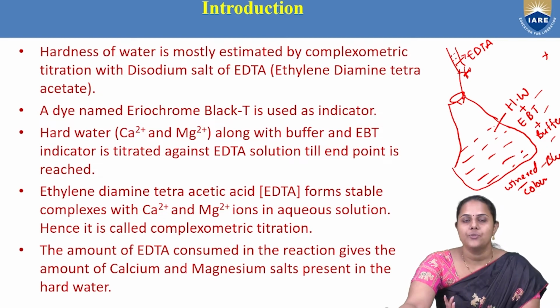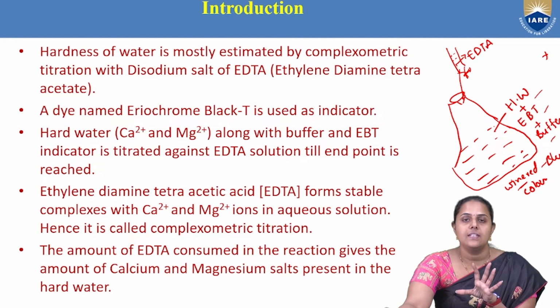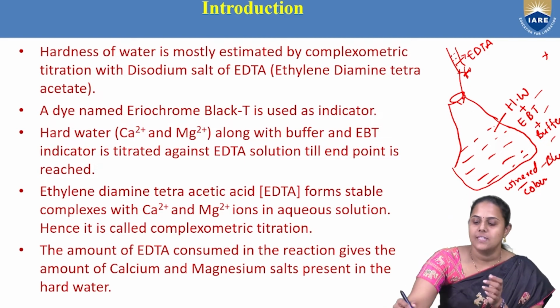So, the general experimental procedure is: take hard water, EBT and buffer solution in the conical flask, take EDTA in the burette and add it to the contents in the conical flask till blue color is obtained. This is a general experimental procedure.